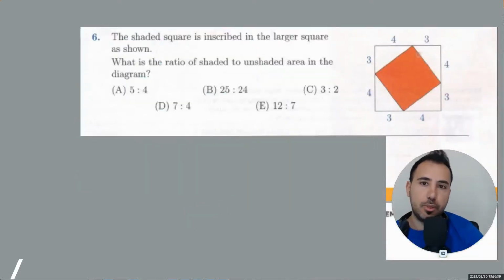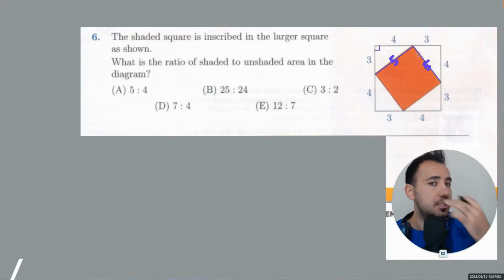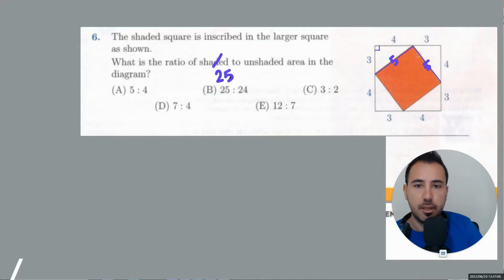The shaded square is inscribed in the larger square as shown. What is the ratio of shaded to unshaded area in the diagram? This is 3, this is 4, and of course this is a right triangle, which makes this one 5. This one is 5, this one is 5 because it's a square. So the red area will be 25, which is the shaded one. What is the area of the biggest square?